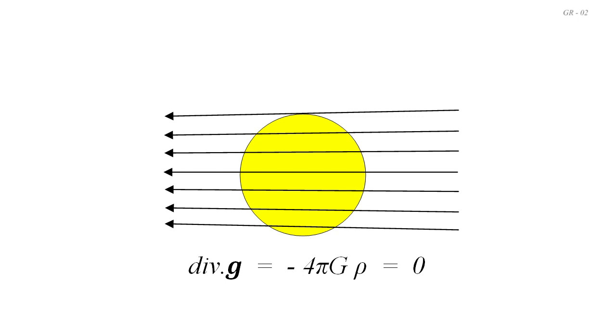It's not that which matters in this formula. It's what goes in and comes out of a point. The point being a volume that has shrunk to zero size. It is that which determines the mathematical divergence div little g, and div little g at a point is always minus 4 pi big G rho.